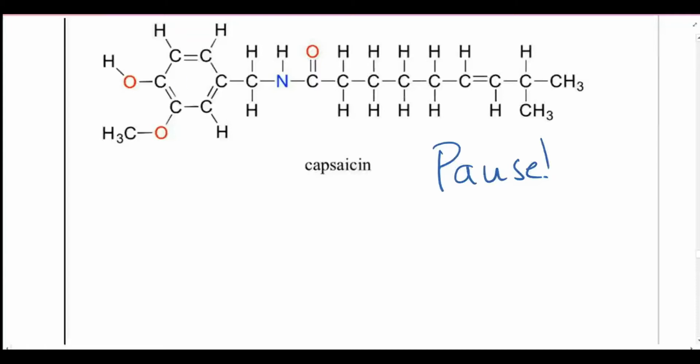Notice that some of these carbons have double bonds, like that one, and of course, there's nitrogen there. Make sure that you notice those things. The next thing I want you to do is also count the carbons, because you want to make sure that the structure you draw has exactly the same number of carbons. Okay, all right, go ahead and pause.